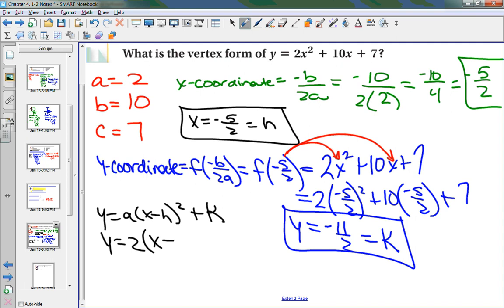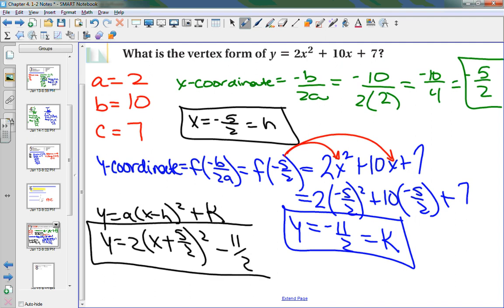So minus, what's h? Minus a negative is a positive 5 over 2. And what's k? Minus 11 over 2. This is what you're looking for. Because now, can I get everything I need out of that equation? Can I get my vertex, my axis of symmetry, my domain, my range, my left, right, up, down? Yeah.